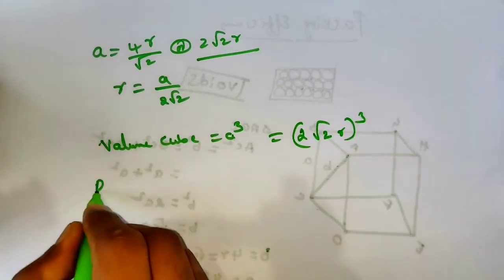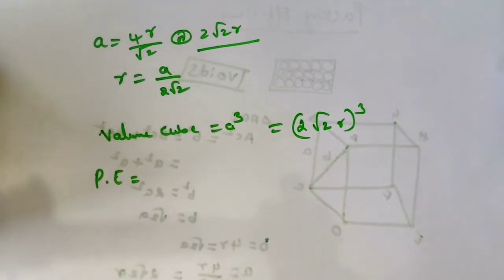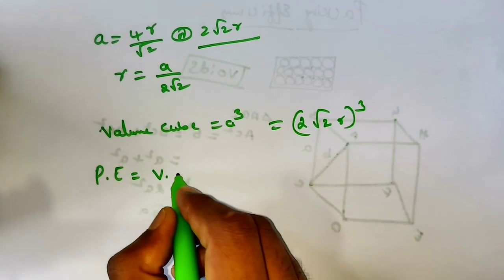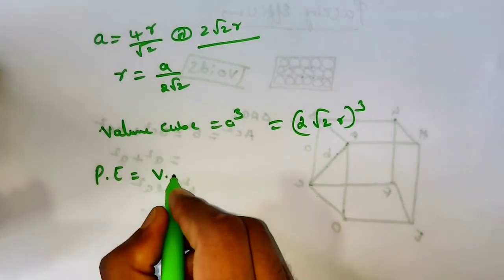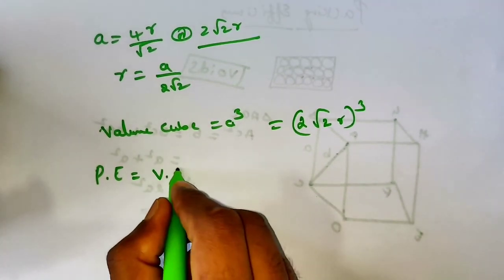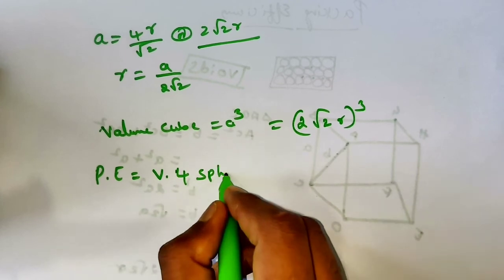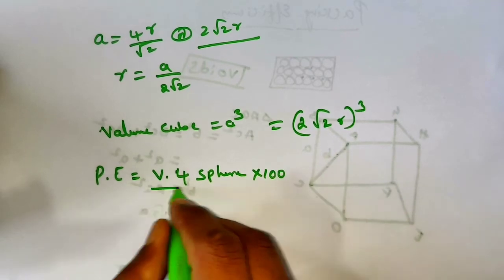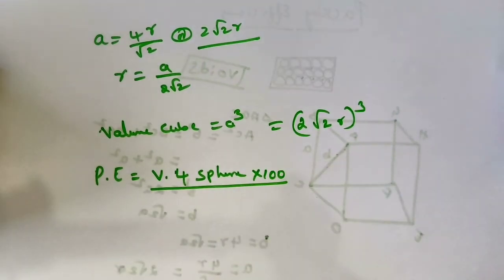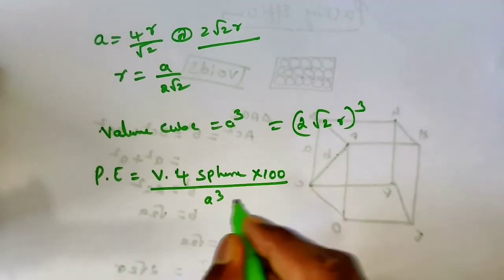Now packing efficiency is equal to, what is the formula, volume filled by 4 spheres. Why are we taking 4 spheres here? In the last concept I discussed that the number of atoms present in the face centered cubic unit cell is 4. Hence here you take the volume occupied by 4 spheres into 100 upon the total volume of the unit cell, that is a cube.